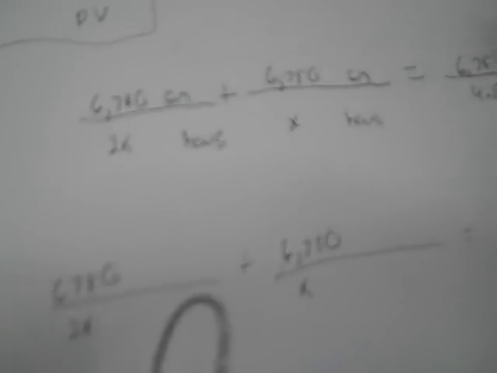But what I do need to get is the lowest common denominator, the LCD. So I have an outer 2. I have an outer x. And I have an outer 4.5.